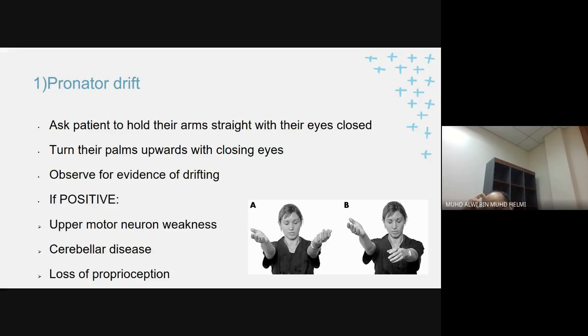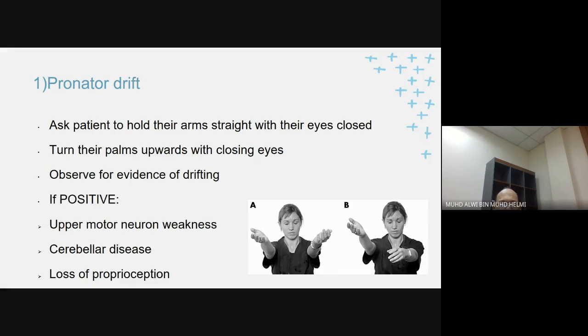That's why you ask them to close the eyes, because if you let the patient open the eyes, they get visual information to the brain and can compensate. You may miss the pronator drift if the eyes are open. You want to diminish the effect of vision so that you can assess specifically the cerebellar function or proprioception.